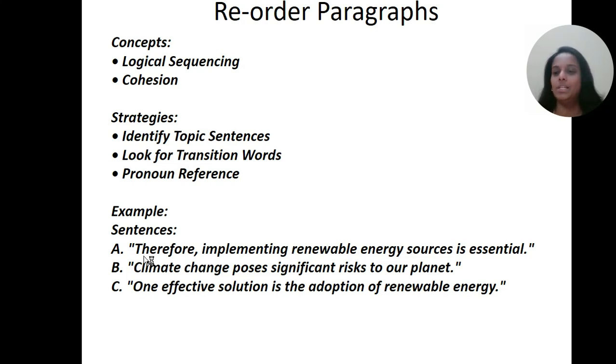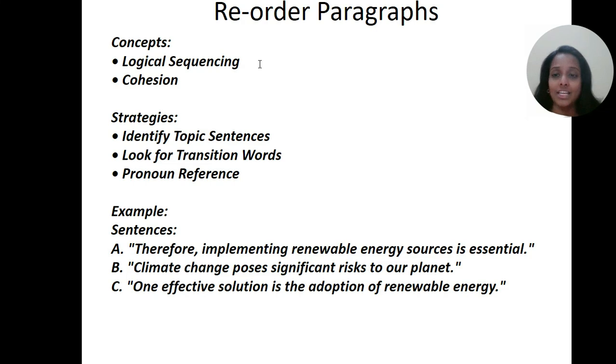So here is an example. It's just a simple example. Sentences are given, but they're not in order. So let's see it. Therefore, implementing renewable energy sources is essential. Climate change poses significant risk to our planet. One effective solution is the adoption of renewable energy.